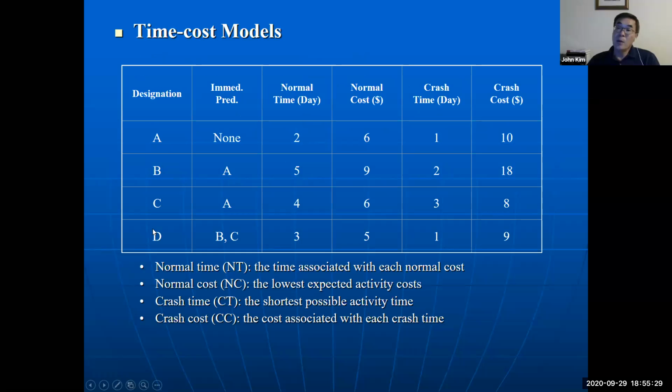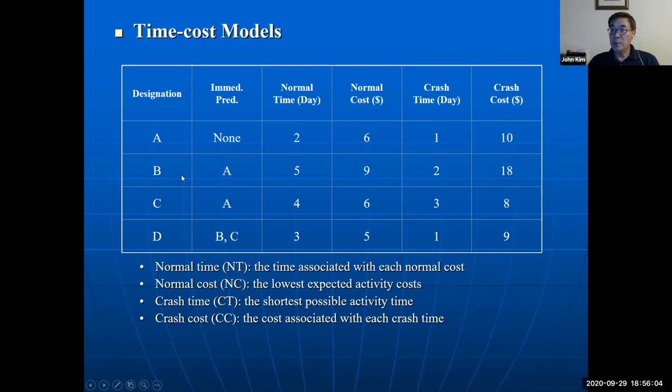Okay, there are 4 activities and then normal time and normal cost. So to finish in normal condition, 2 days. And to finish in normal time, the cost is $6. But to shorten by one day, need $10 more.